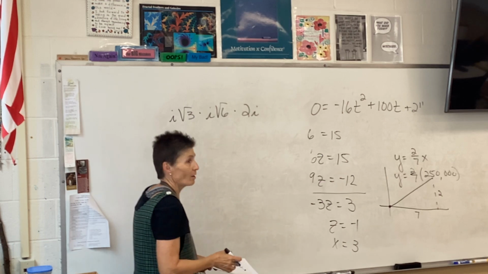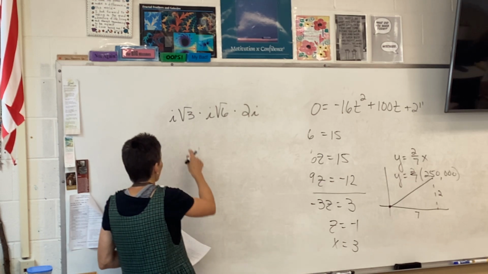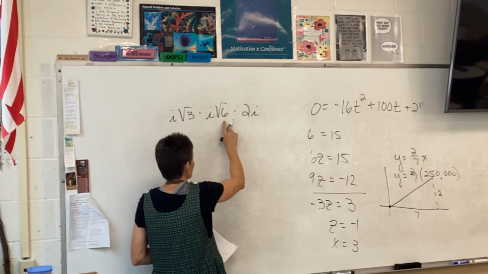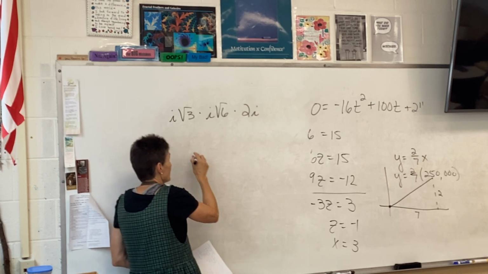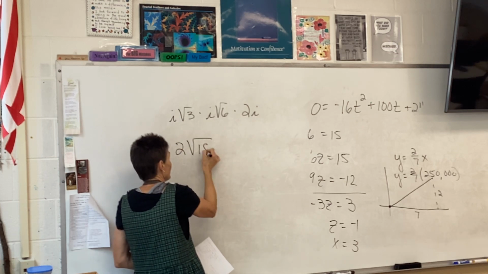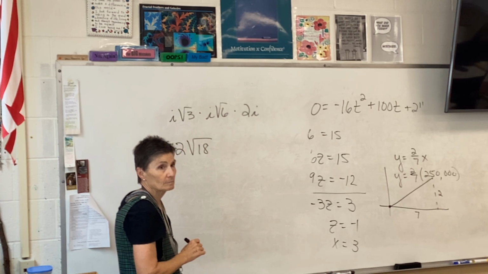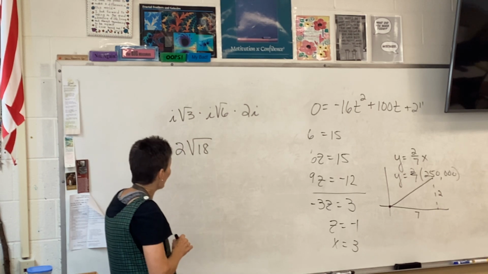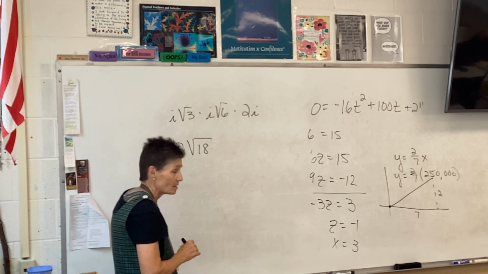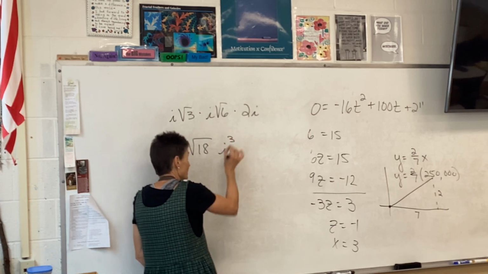Now I'm going to multiply all this together. So I have a square root of 3 times a square root of 6 times a 2. So that's going to be 2 square root of 18. And then I have an i times an i times an i. So that is i cubed.